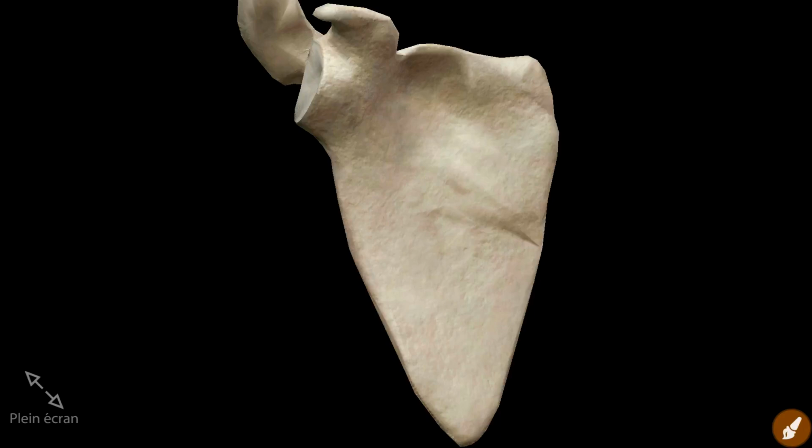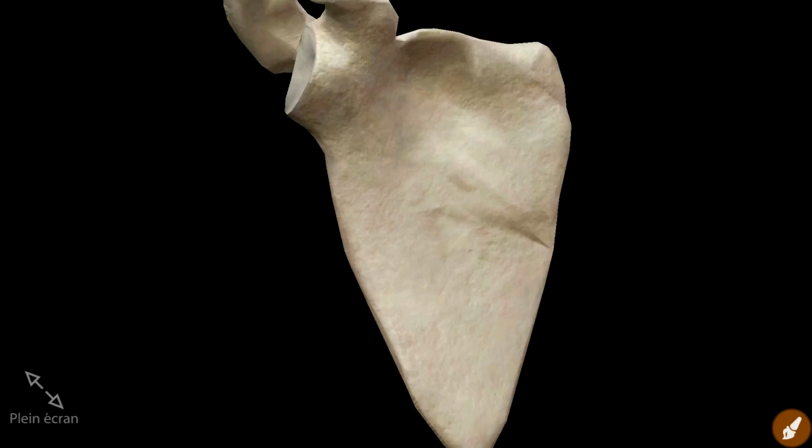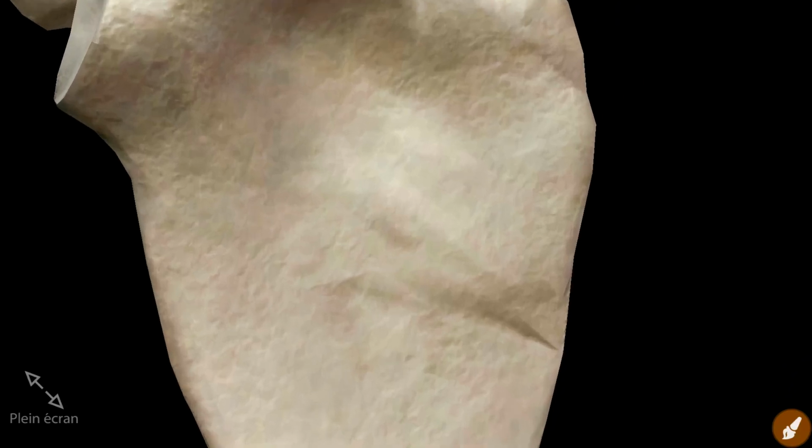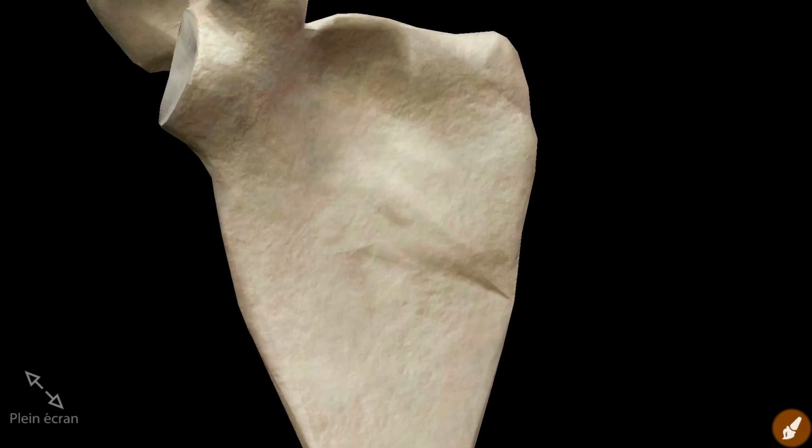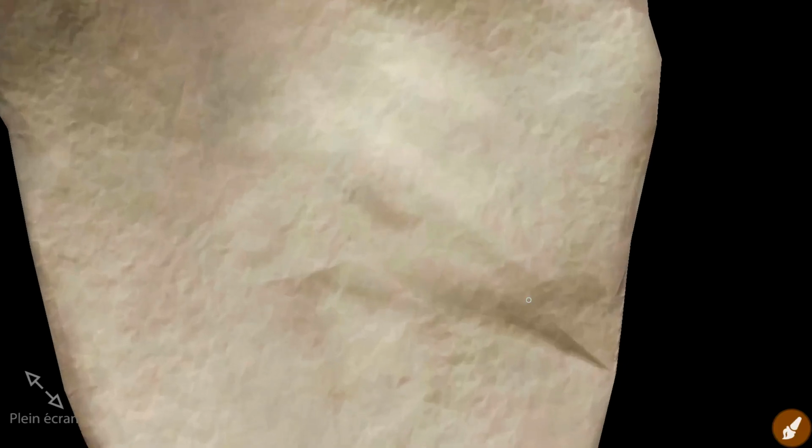It is a shallow concavity that dominates the anterior surface of the scapula, and here we distinguish the oblique ridges that cross the subscapular fossa from the superolateral region to the inferomedial region. Here they are, those oblique lines, ridges.